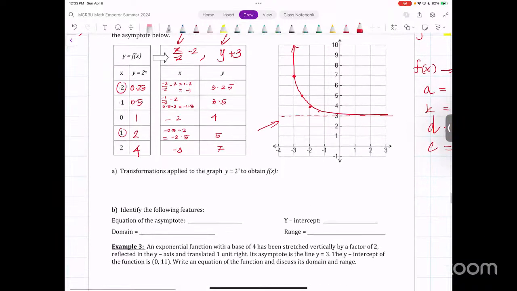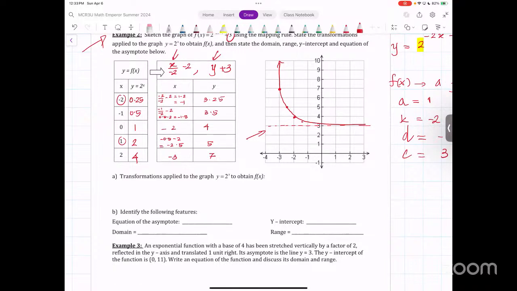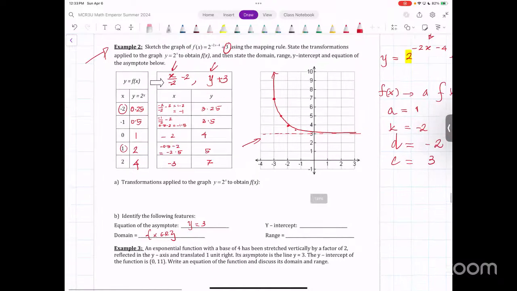So after the transformation is applied, identify the following. The equation of the asymptote is y is equal to 3. Domain: x belongs to the reals, no restriction. Y-intercept: I need to calculate the y-intercept because we didn't have an x equal to 0.